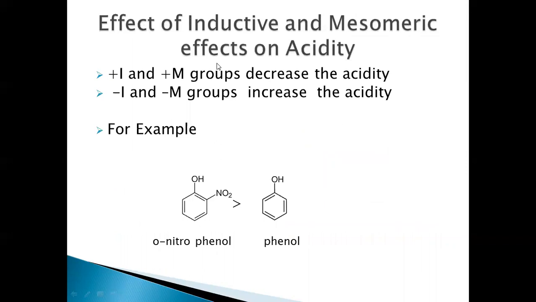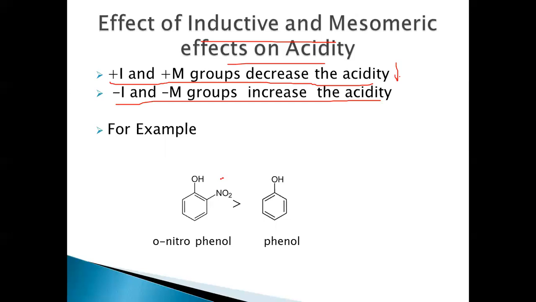Now let's see the effect of inductive effect and mesomeric effect on the acidity of phenols and carboxylic acids here. If you see, the plus M and plus I groups will decrease the acidity, and minus M and minus I groups increase the acidity.